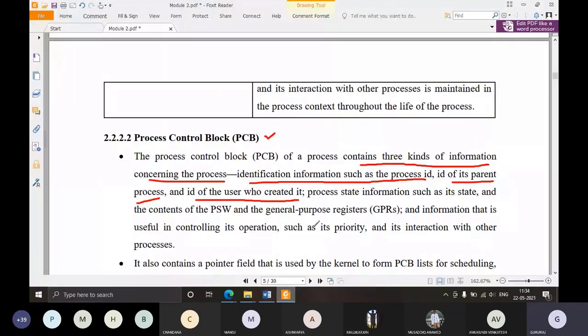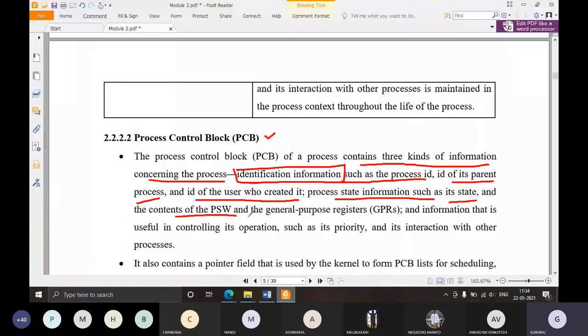So this is the identification information. After that comes the process state information, such as its state and the contents of the PSW, the program status word, which is nothing but the flags: the carry flag, the overflow flag, the negative flag, the zero flag, and so on. That is also contained in the PCB, along with the general purpose register contents.